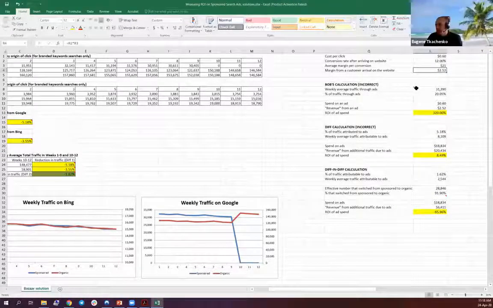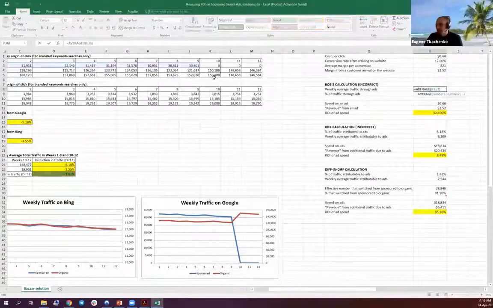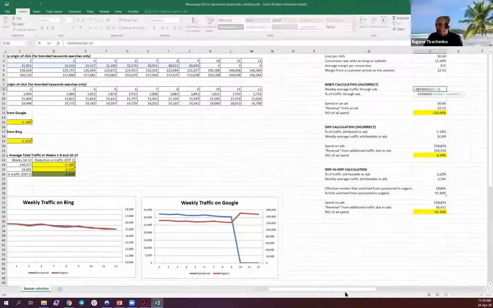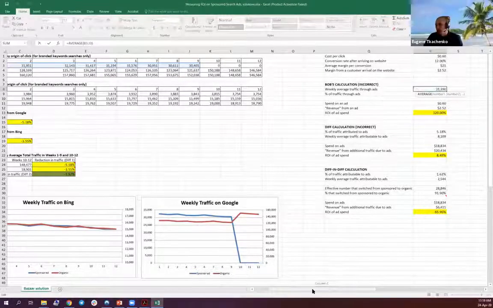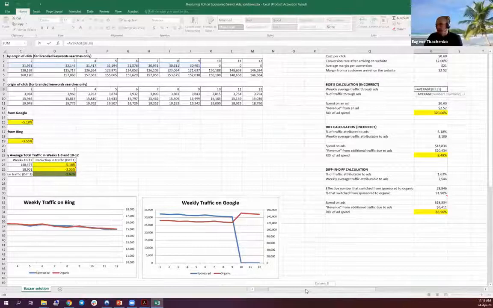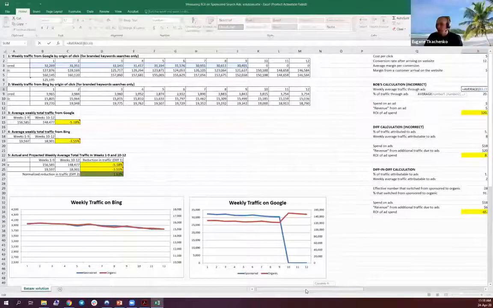So the way we calculated everything per Bob's example was basically, one second, just trying to scroll to the left, all the sponsored traffic for Google. So basically for weeks 1 through 9.